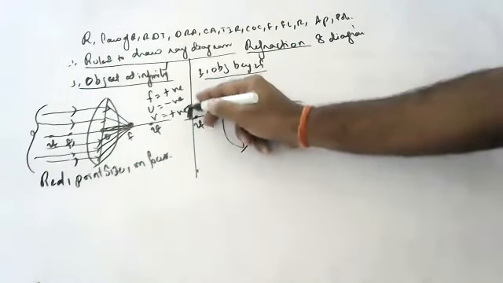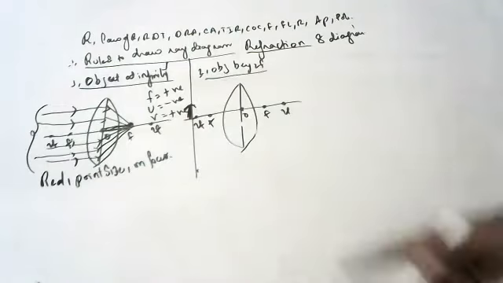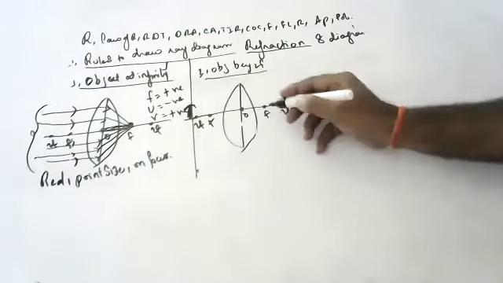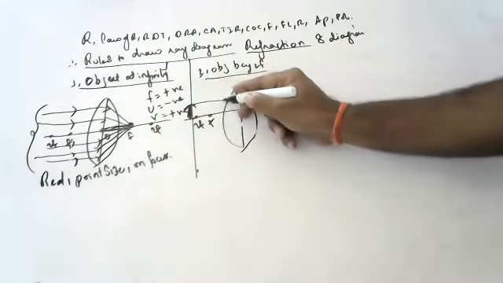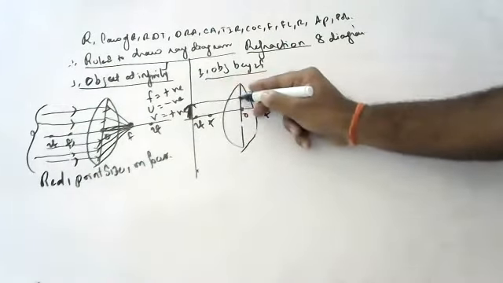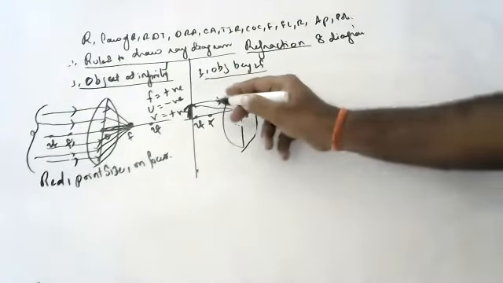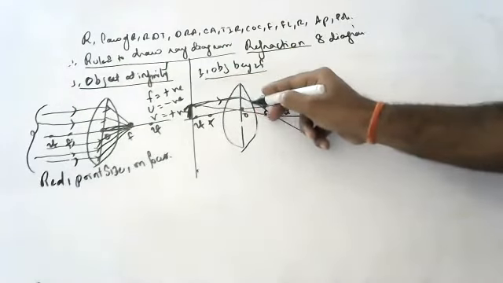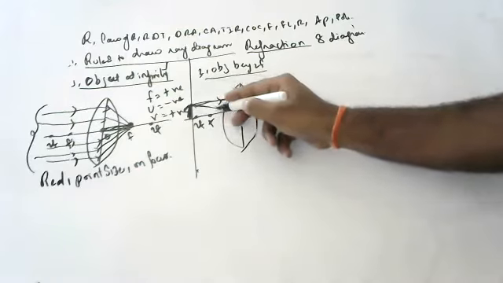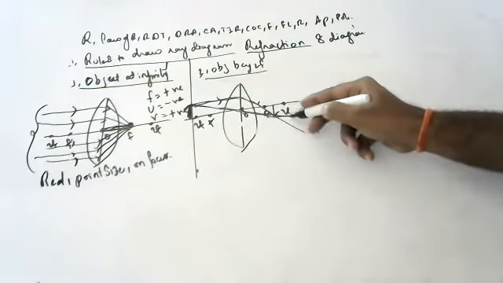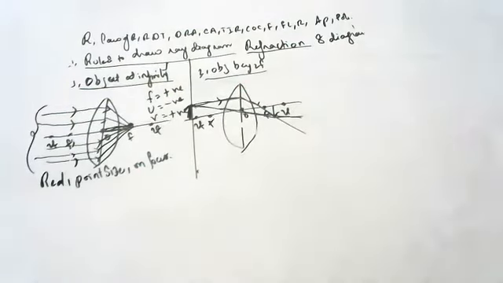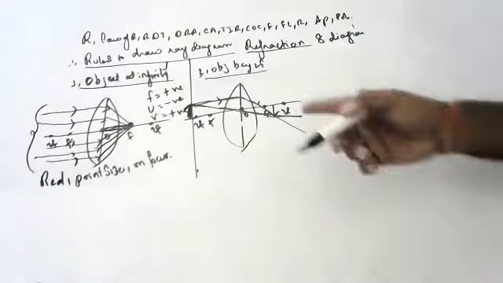When the object is beyond 2F, one ray parallel to the principal axis, after refraction, compulsorily goes through the focus. The other light ray going through the optic center does not deviate. So you get the image between F and 2F.